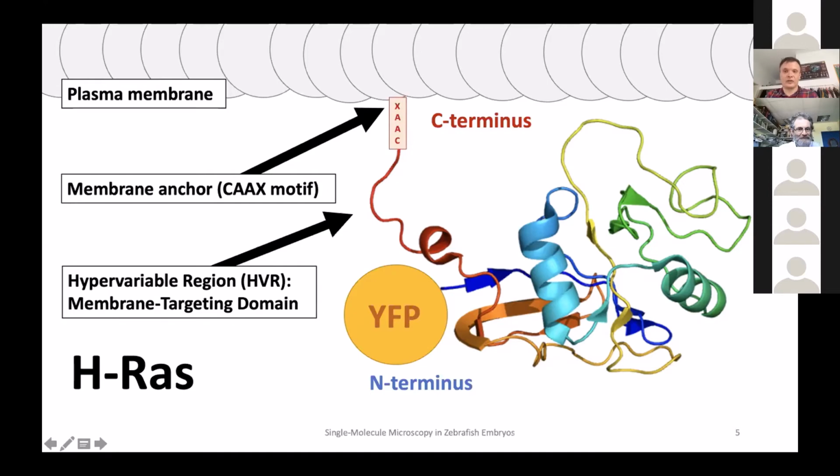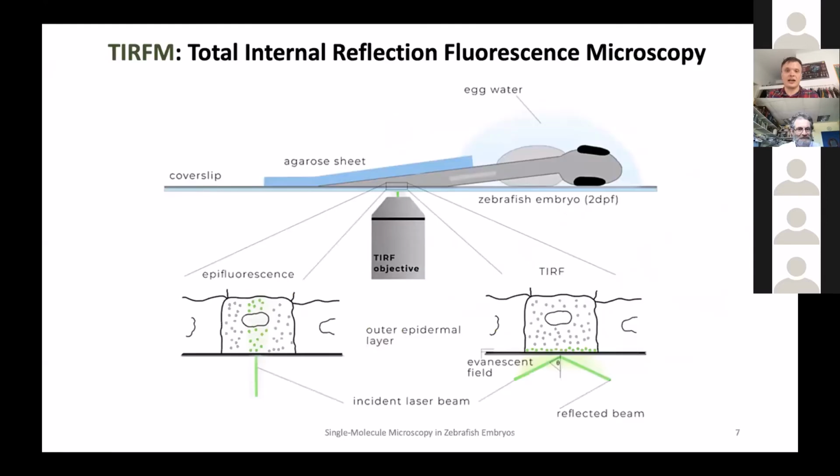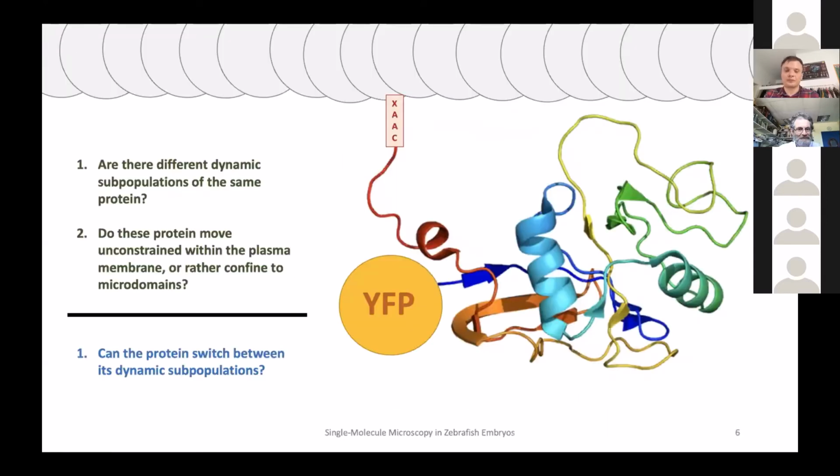The research questions about what we want to see in HRAS are as follows. The first two questions are: do we have one fraction of the molecule in the membrane, or do we actually have more fractions? And what is the percentage of those fractions, so how many molecules belong to one fraction and how many belong to the other?